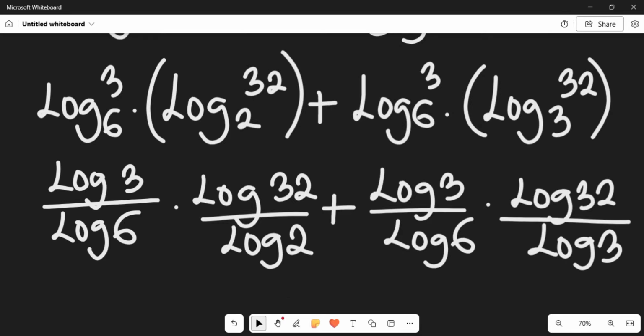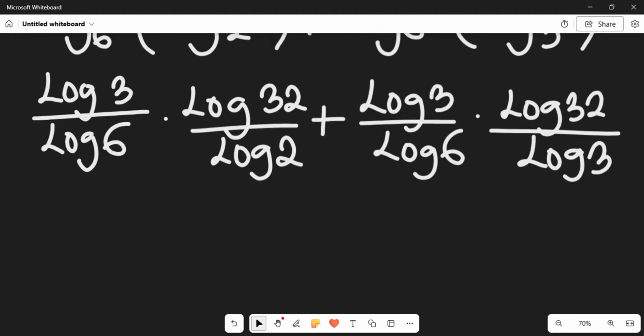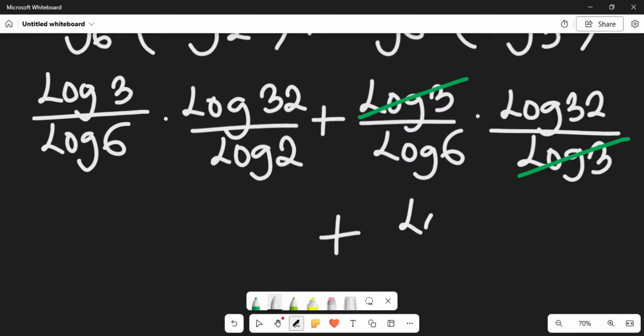Now from this expression, we can easily cancel out some given expressions. From here, you can cancel out these to make the simplification very easy, and that will give us plus log of 2 to the power of 5 divided by log 6, right?